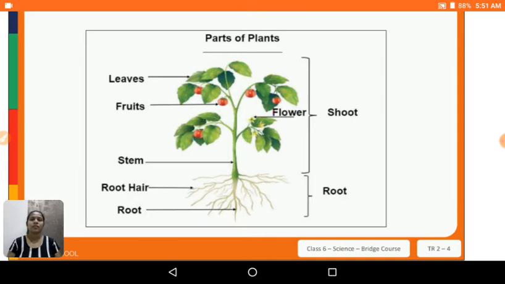What is the main function of roots or root hair? They absorb water from the soil, right? These are all the basic functions which you already know.